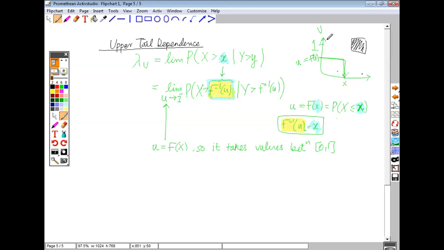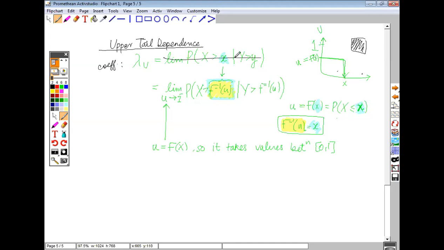Now, if you have a look at the previous measures, so you studied Pearson's rho, Spearman's rho, Kendall's tau, or let's say Rolf's rank correlation itself, they will all be between the value of -1 and 1, right? But whenever you're talking about the upper tail dependence, this lambda u here is the coefficient of upper tail dependence, and this is a limit.